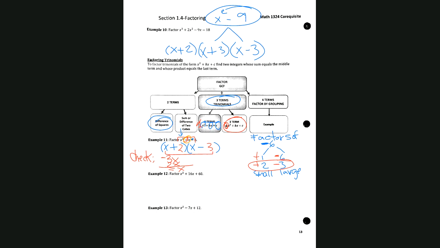Now, I'm going to go ahead and move on to example 12. For example 12, again, we start by opening the parentheses for our 2 binomials. In this case, we're going to look at our signs, and this one is positive. So the only way you can get a positive sign is if the constant terms that we will write down here and here are either both positive or both negative.